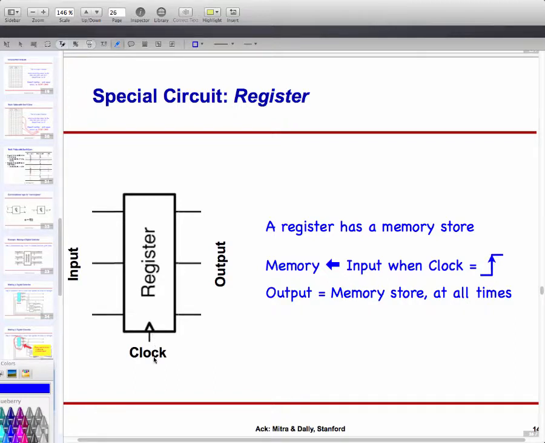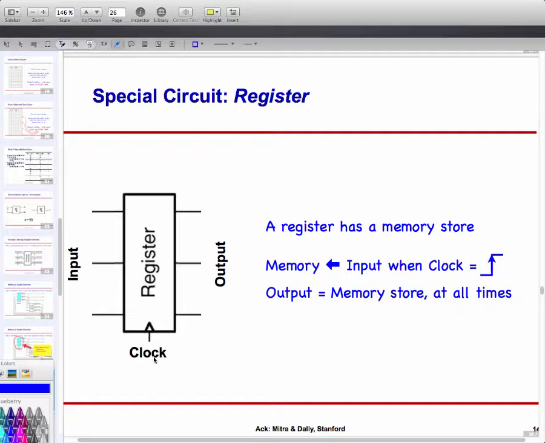Typically, a clock tick is viewed as a rising edge or a falling edge. So, for example, we can define that whenever the clock goes from 0 to 1, the update will happen. Or alternatively, we can define it another way: whenever the clock goes from 1 to 0, the update would happen. So that's a very typical way of dealing with this. Again, how to make that happen, we'll see much later in the course.